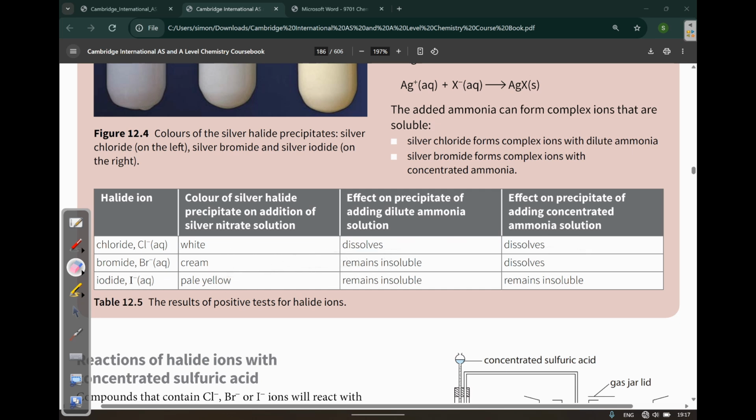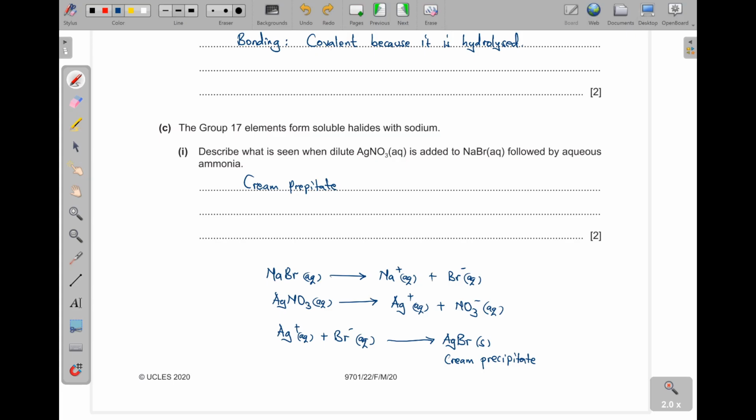So that is what I wanted you to see. So we shall say the cream precipitate partially dissolves in aqueous ammonia. And if you say maybe insoluble in aqueous ammonia, they can also give it to you.